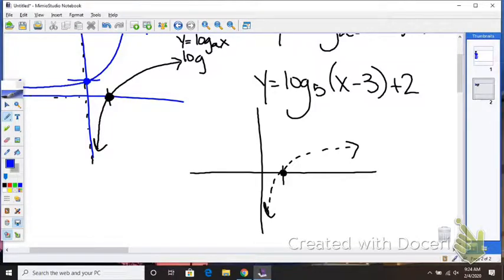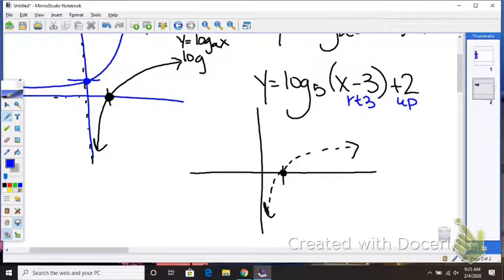And what does the minus 3 tell you on the inside? Go to the right. Right 3. And what does the plus 2 on the outside tell you? Up 2. And notice that with our exponential, your left-right shift was in the exponent and the up-down shift was by itself. Your left-right shift will always be in parentheses with your x.